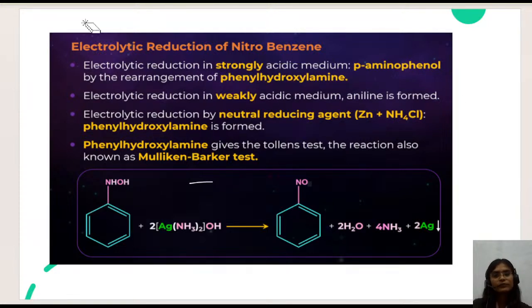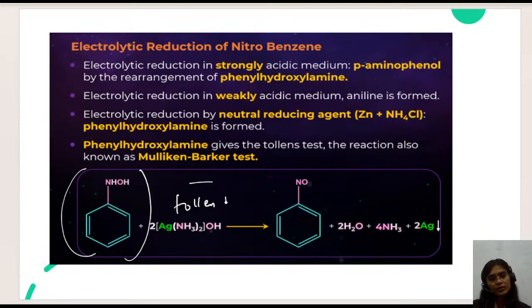Now let's talk about this step, the Mulliken-Baker test. What is this? This phenyl hydroxylamine reacts with Tollens reagent and gives a Tollens test positive. Listen to my point one more time. The Tollens test is given positive only by the aldehyde group, or a methyl ketone if you remember. But what is happening in this case?